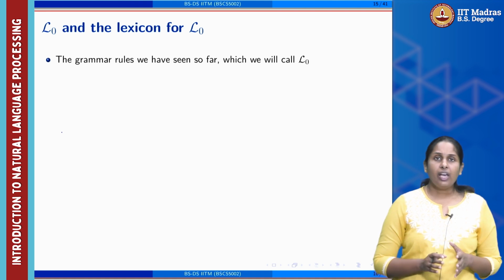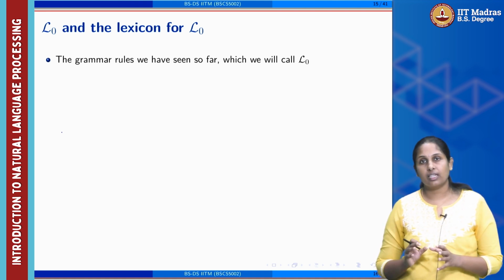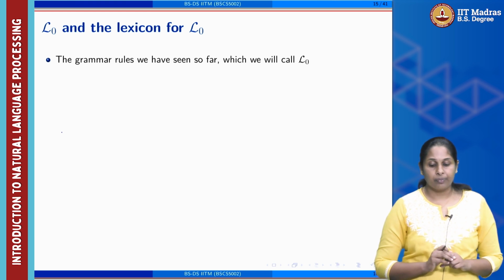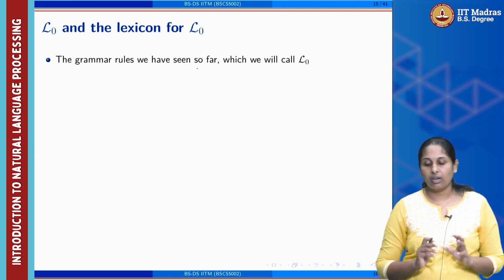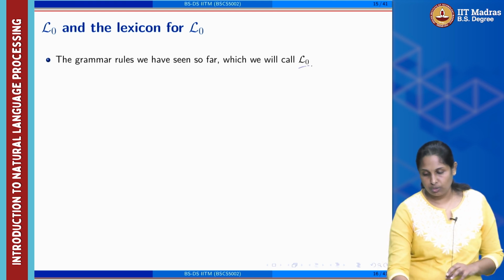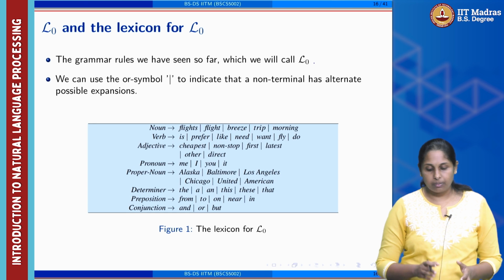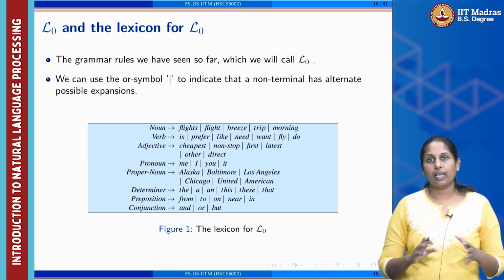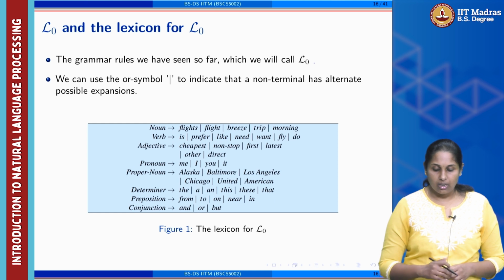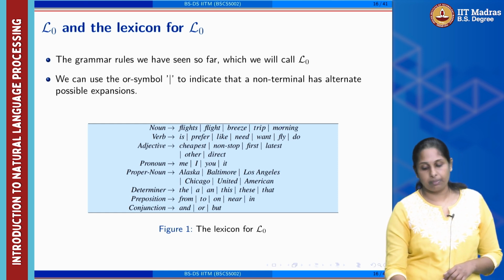Now we have language L0, and we also have a lexicon for that language, let's say. These grammatical rules we have seen so far, we will call them L0. Now we can use the OR symbol, a kind of pipe symbol, which indicates a non-terminal and its possible expansions. So noun can be rewritten as flights, flight, breeze, trip, morning.